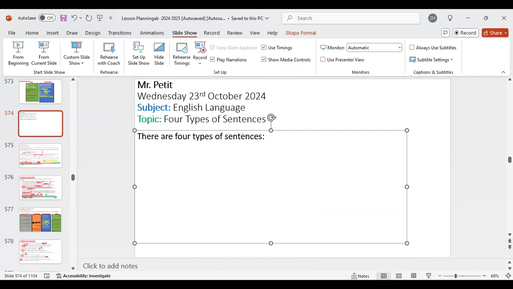They are simple sentences, compound sentences, then you have complex sentences, and you have compound-complex sentences.